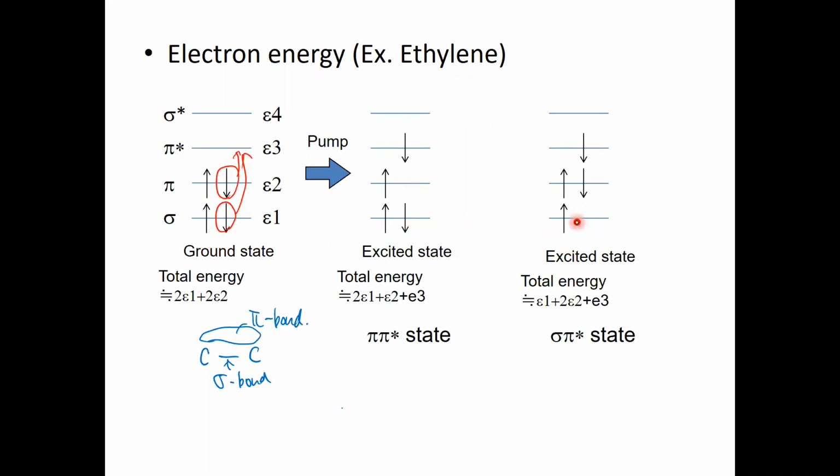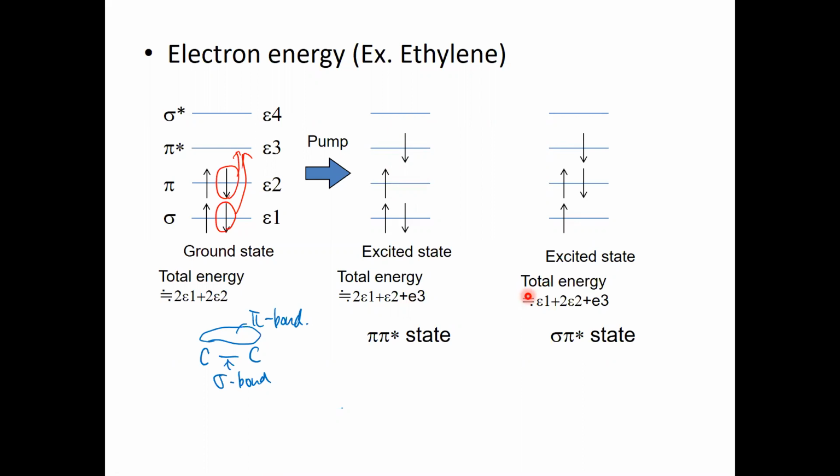In many cases, people confuse this by only thinking about the excited electron state. But keep in mind that in the excited state, where the electron is excited from is also important, because the total energy is different depending on where it's from.